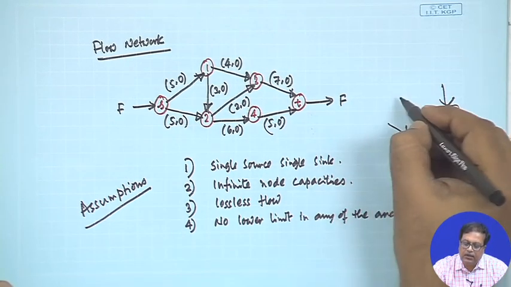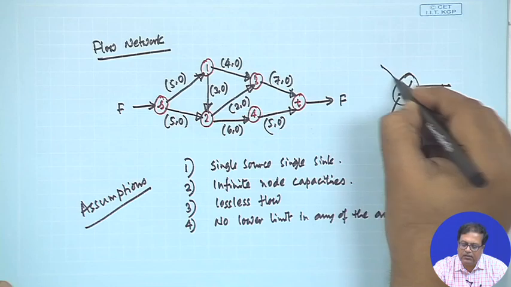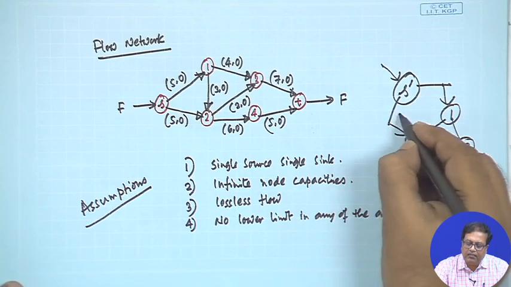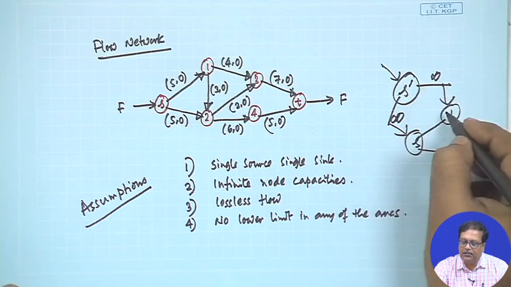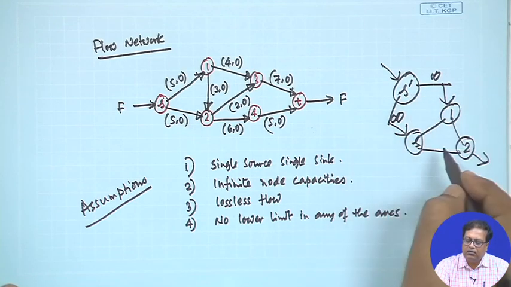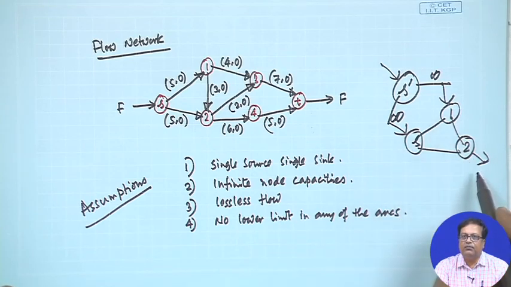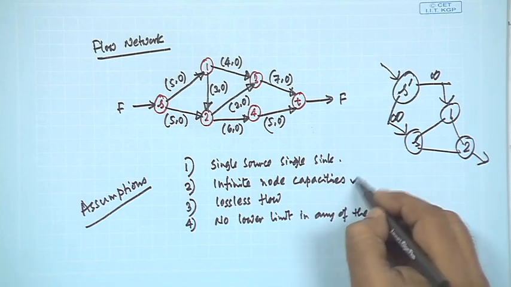We can make a super source S dash by connecting all the sources, and assume a single flow is coming with infinite capacities to these connections. So, this is an infinite capacity, this is the infinite capacity. So, you can transform a multiple source, multiple sink problem to a single source, single sink problem by connecting all the sources to a super source and all the sinks to a super sink. Alright, that is possible.